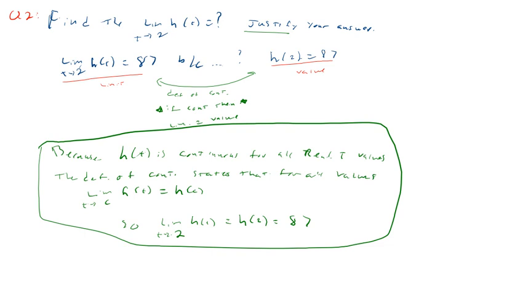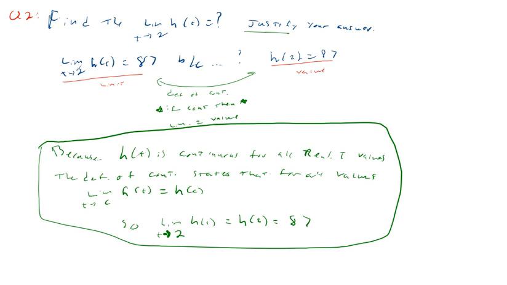So yes, this says the limit as t approaches 2 of h of t equals h of 2, which is equal to 87. Sorry, hold on. Thing's acting up again.